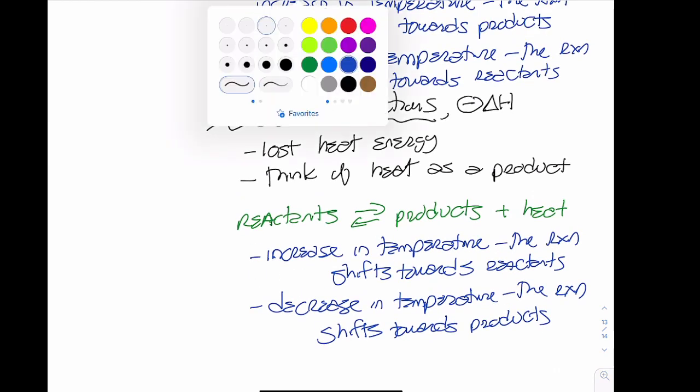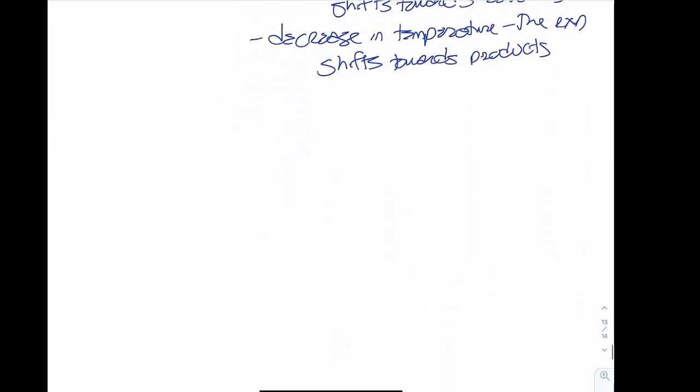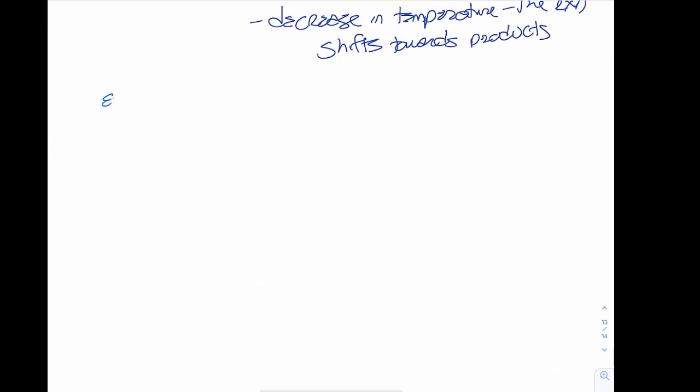So let's look at an example. And I'm going to combine all three of these into one big example here for us. So our equation, I have 2 chlorine gas plus 2 water, also a gas, going to 4 hydrogen chloride, which is also a gas.